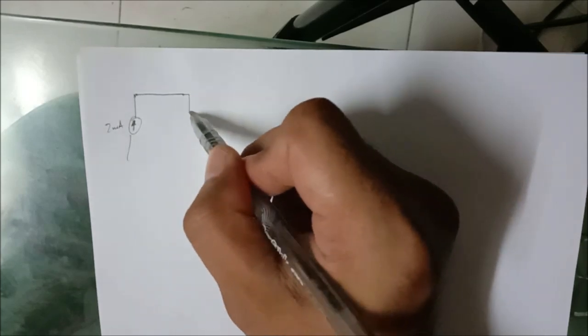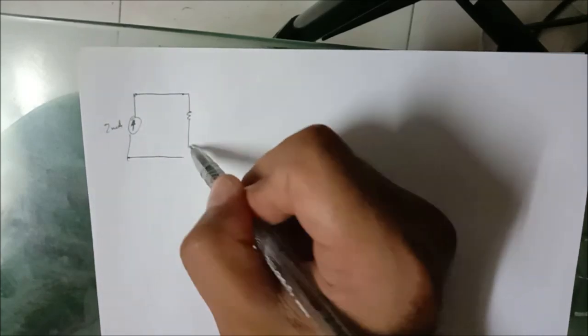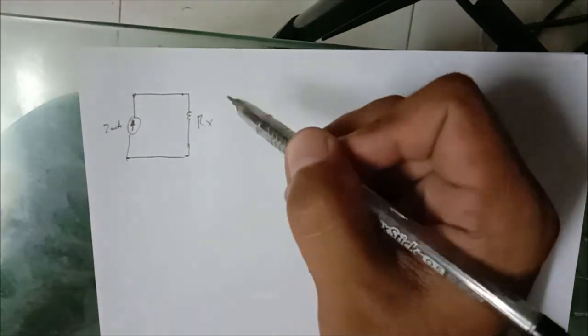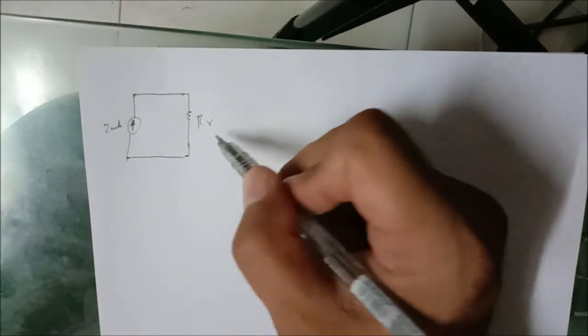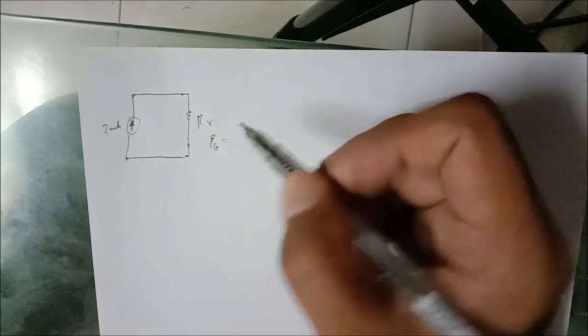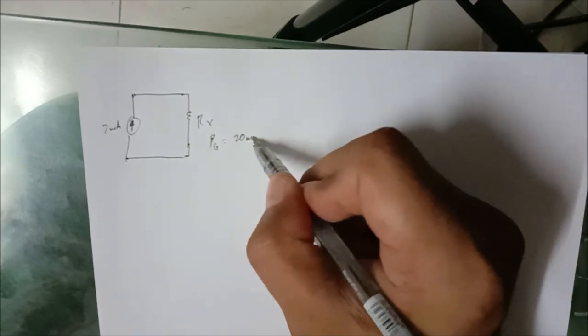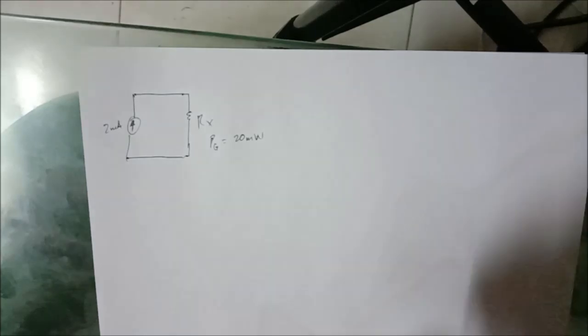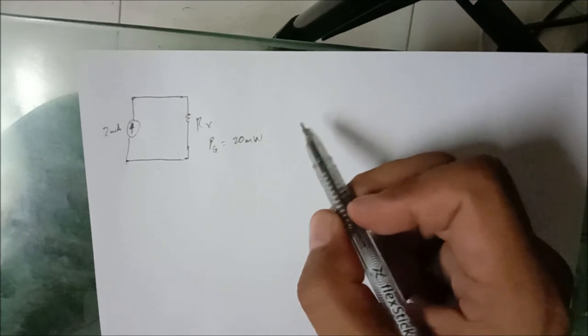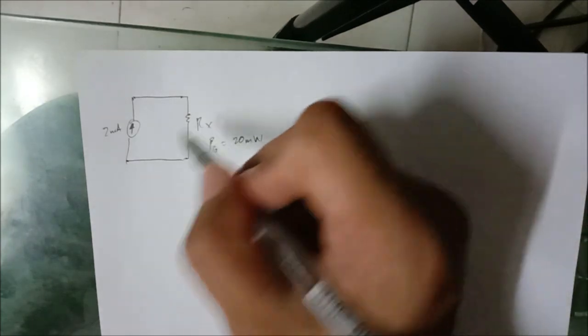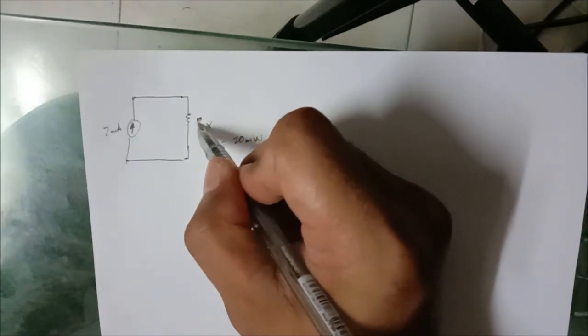Meron tayong R sub X. So, power absorbed is 20 milliwatts. So, find yung ating G of X. Okay? So, para makuha natin, ito nga pala yung G of X.